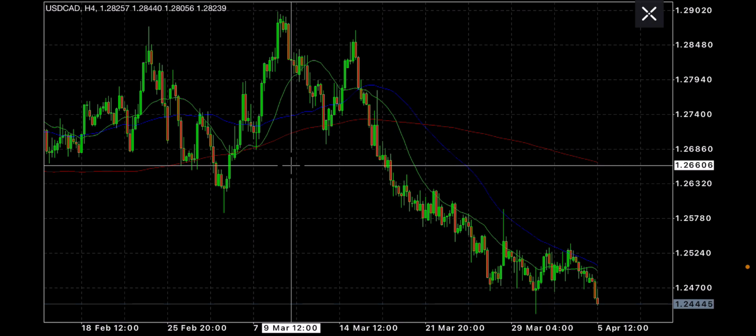So with the Canadian dollar, right? If oil prices go up, that means the Canadian dollar gets stronger. Okay. If oil prices go down, that means the Canadian dollar gets weaker. Okay. Now, in essence, with the U.S. dollar, it has developed during these economic times a non-traditional relationship with oil, okay?